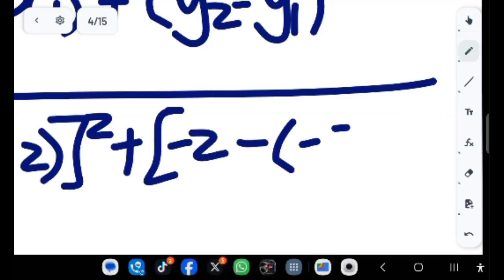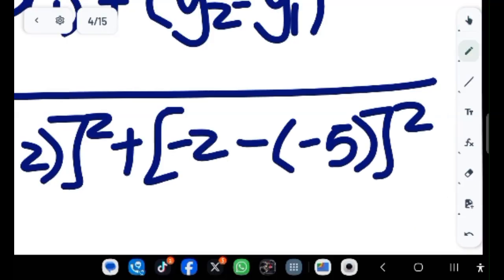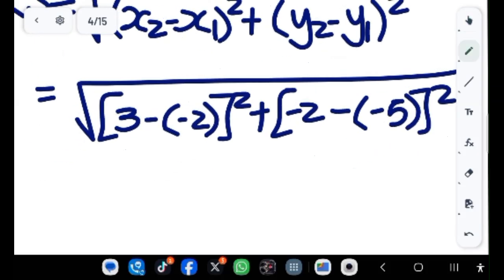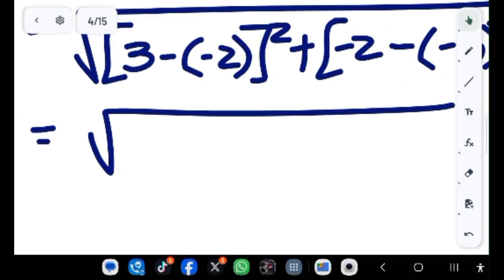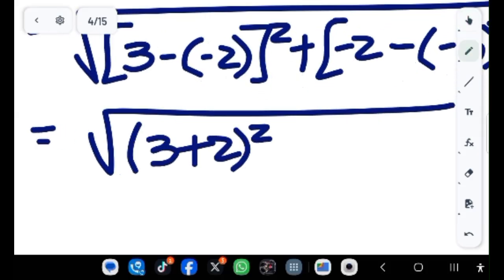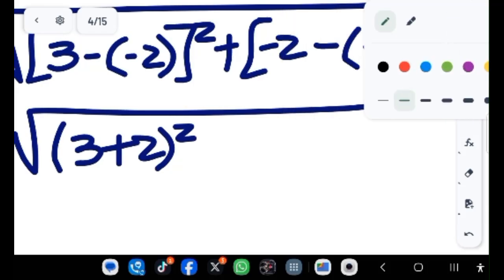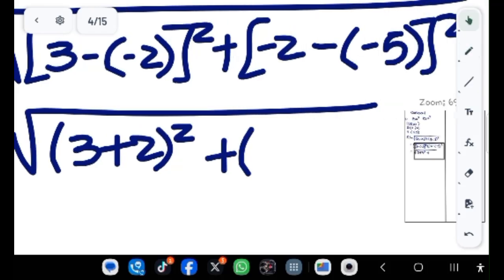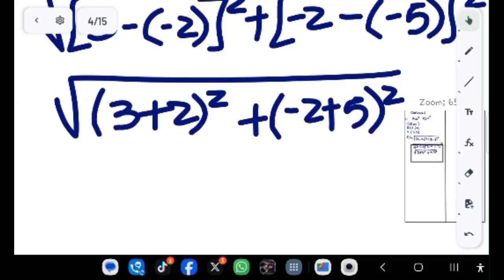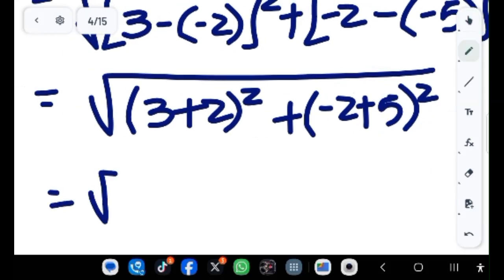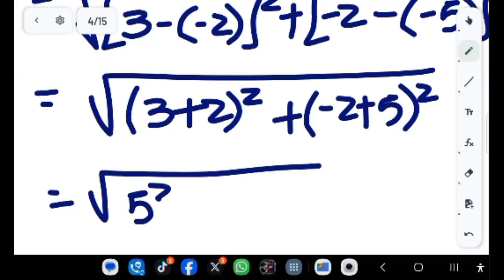-2 minus -5, that's all squared. All right, that gives us 3 minus negative 2, so that will be 3 plus 2, plus negative 2 plus 5, all squared, which gives us 2 plus 3, that is 5, so it's 5 all squared.